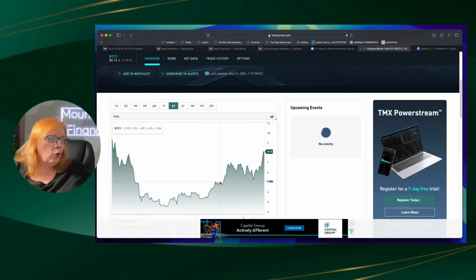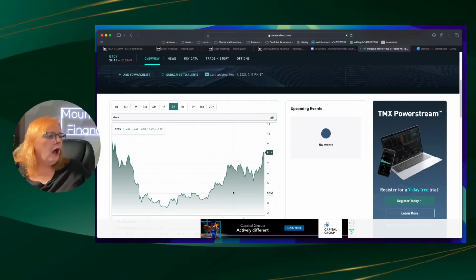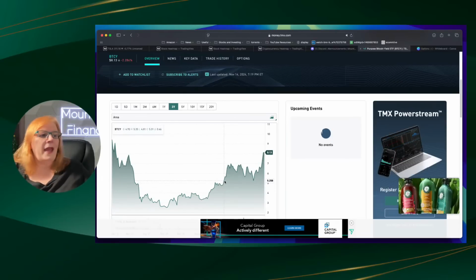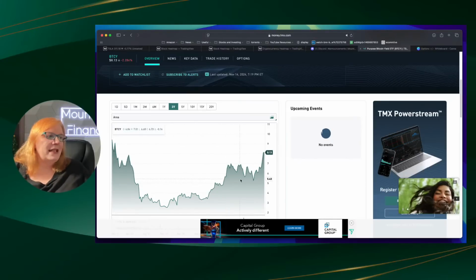Whoever was buying the contracts was exercising it, basically taking the Bitcoin from Purpose, and then Purpose had to buy back in. Most times the price was already up a bit more by the time they had to buy back in. That just means there's less market cap for this ETF, so this ETF keeps on coming down every time that happens.